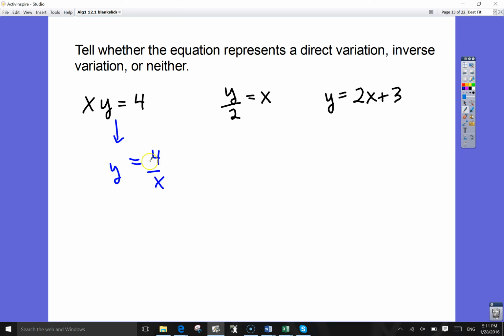I divided both sides by x. And that's an inverse variation. This one, if I solve for y, multiply by 2, then I've got y equals 2x. And that is direct.